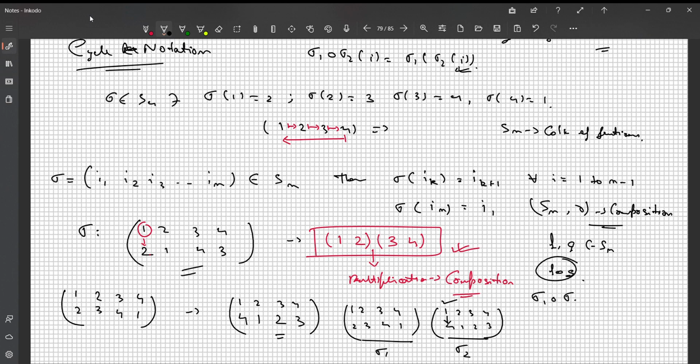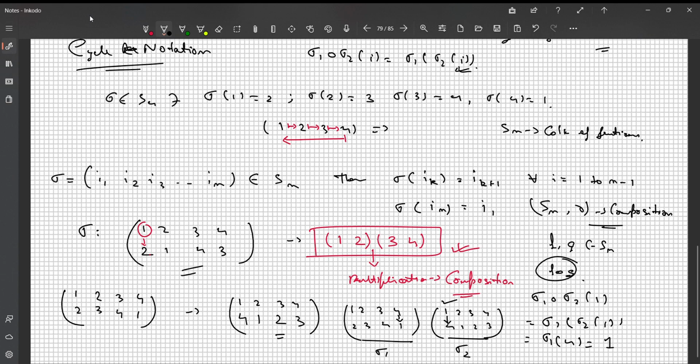So if sigma 2 of 1 is 4, then we need sigma 1 of 4. Because sigma 1 composed with sigma 2 of 1 is nothing but sigma 1 of sigma 2 of 1. Now sigma 2 of 1 is 4, therefore this is nothing but sigma 1 of 4. So where does sigma 1 of 4 go? 4 goes to 1. So sigma 1 of 4 is nothing but 1.